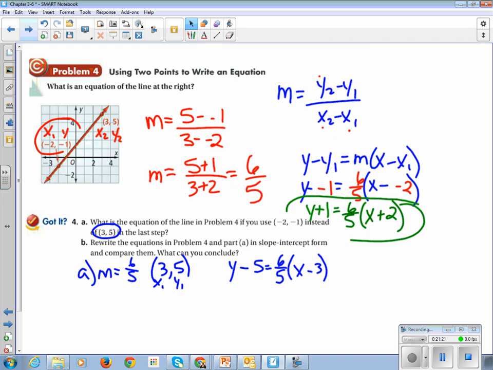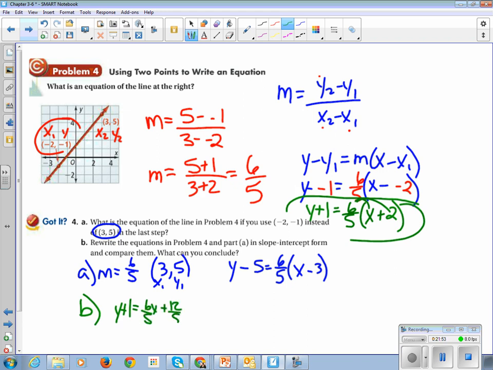And then B says rewrite the equations in problem 4 and part A in slope intercept form and compare them. What can you conclude? All right, so we're going to take our equation and I'm going to distribute this out. So for B, I'm going to distribute out and have y plus 1 equals 6/5 x plus 12/5.